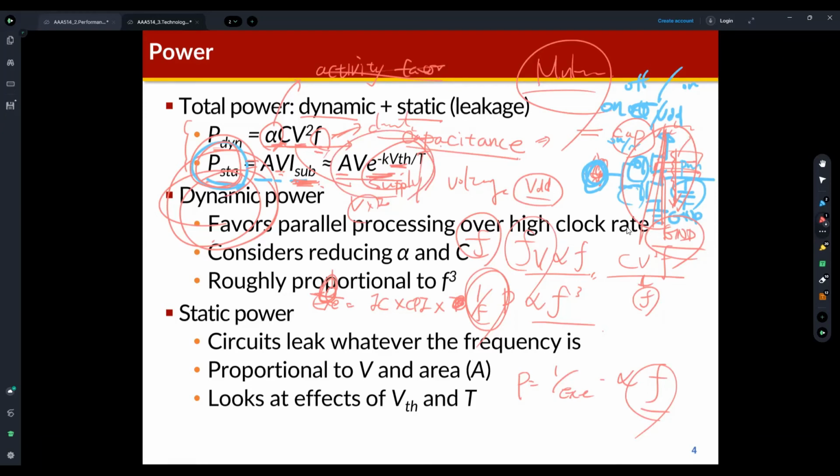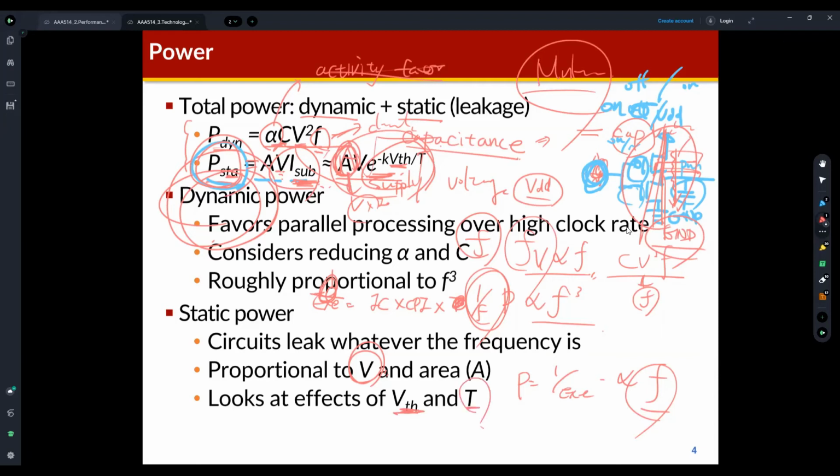If we see this leakage power equation, we cannot change the A. A is the area, because this static power is proportional to the number of circuits, the number of transistors, which means the static power is proportional to the area, and then the supply voltage, and the leakage current. This current is influenced by the threshold voltage and the temperature, the working temperature.